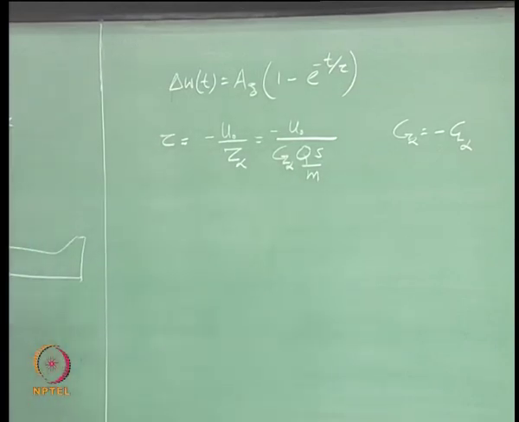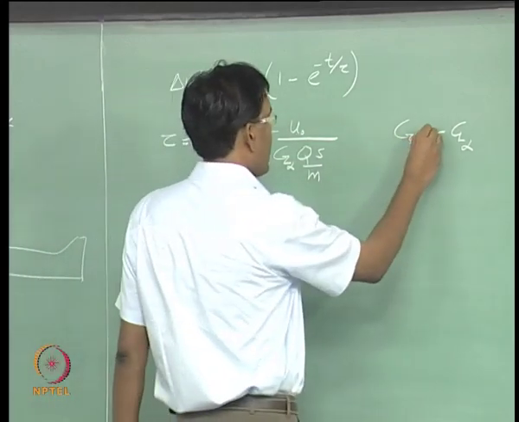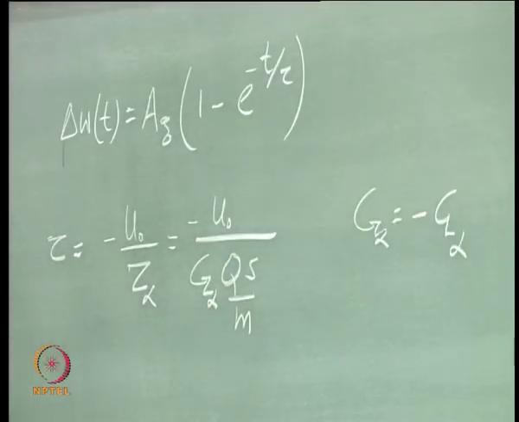The way we define the axes, z is in the downward direction and lift is in the upward direction.